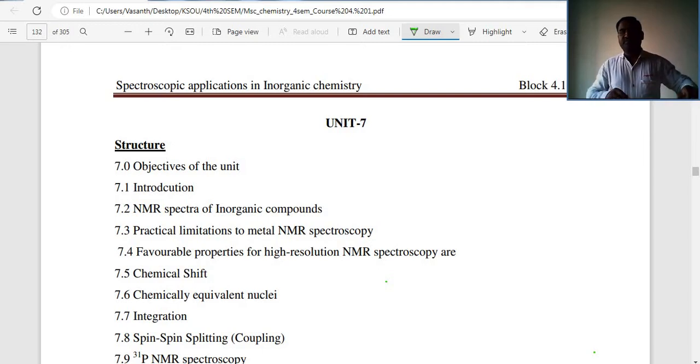This module is MSc Chemistry 4th semester, Inorganic Chemistry Unit 7.